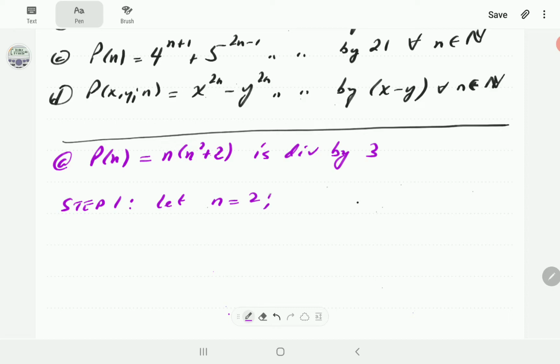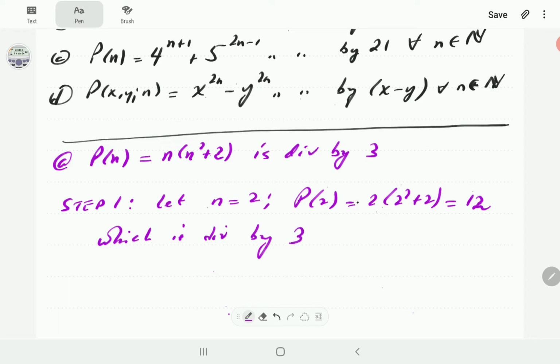Then if we substitute 2 here, it's going to be 2 into 2 squared plus 2. It's going to be 2 times 6. This is going to be 12, which is divisible by 3. So we conclude that the proposition is true.